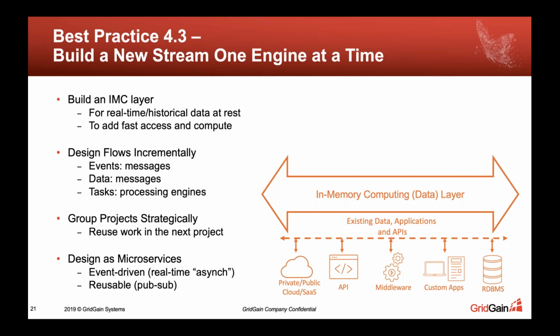Make sure you build in-process real-time HTAP on a combination of in-memory computing and streaming, and layer it on top of your existing systems. The streaming should be designed as loosely coupled, based on events, on a namespace. And in order to be loosely coupled, you have to map out how you're going to build this all, and then build it incrementally on this architecture.